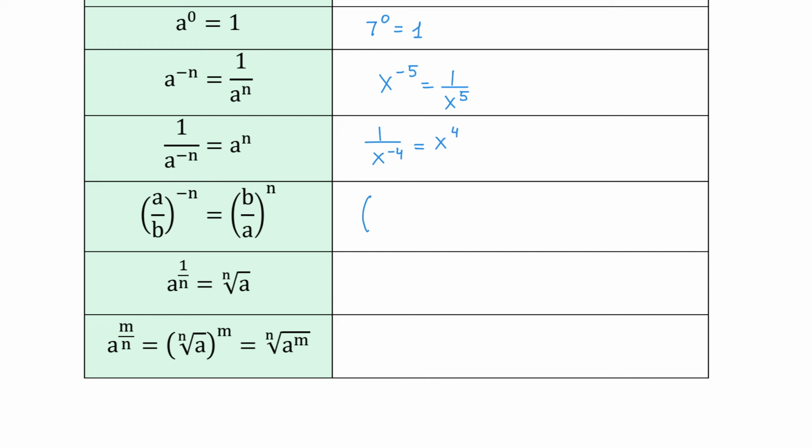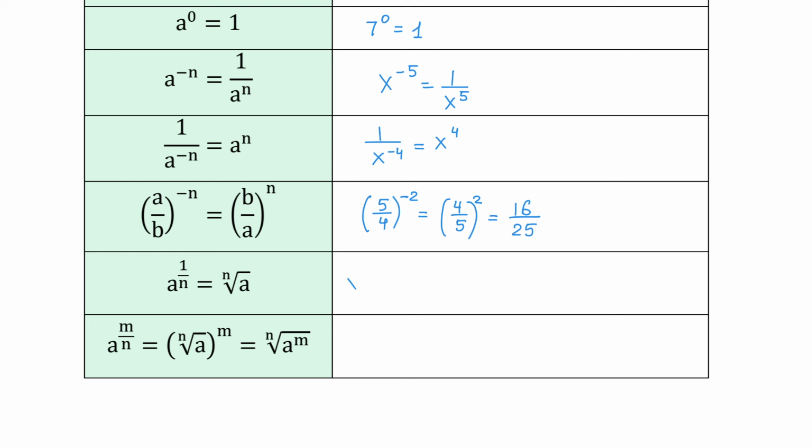For example, 5 over 4 to the negative 2 equals 4 over 5 to the positive 2, or this is 16 over 25.